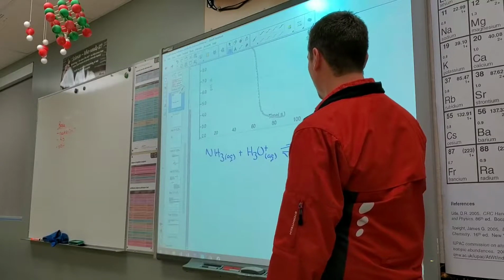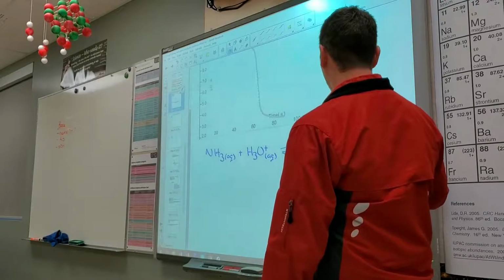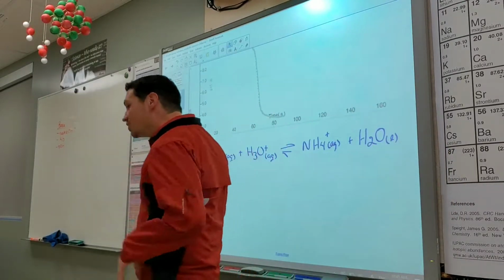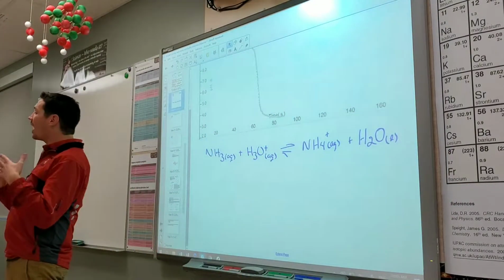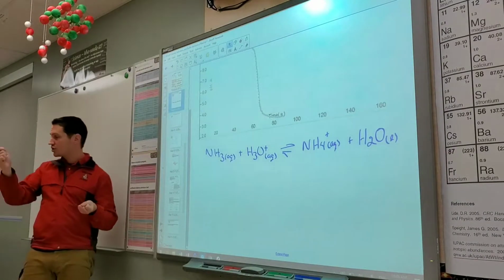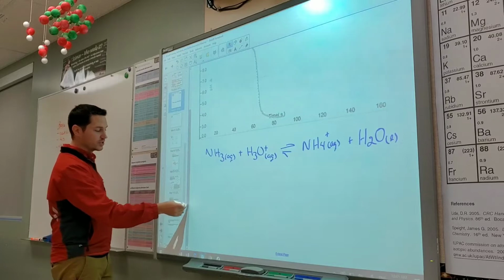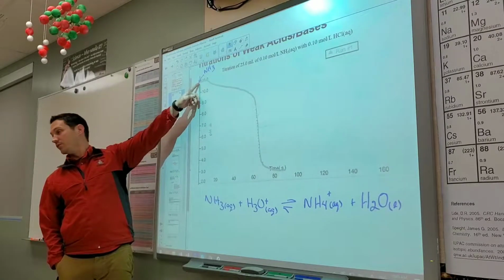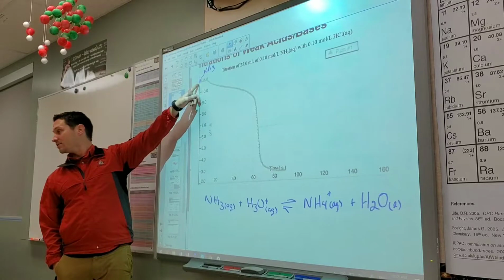NH4 plus, ammonium, and water. So let's use this reaction to guide our description of the events as this pH curve, or this titration, occurs. In the beginning, there was only ammonia, right?